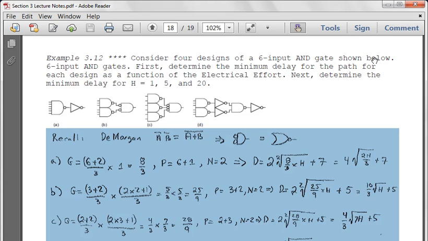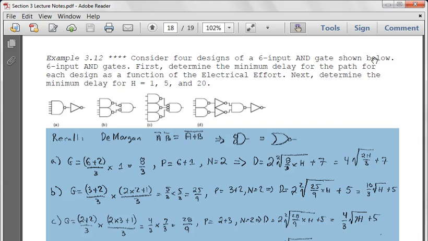So this particular example here, we have 4 different designs of a 6-input AND gate. Our first design is a 6-input NAND gate that we invert. The second design is 2 3-input NAND gates that drive a gate. Now here, this is an interesting portion. I want you to combine concepts.